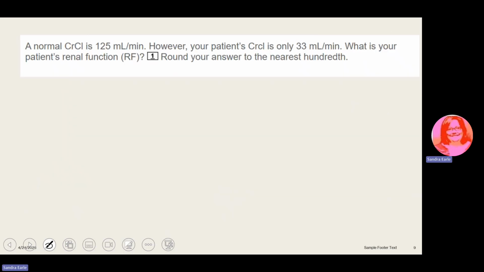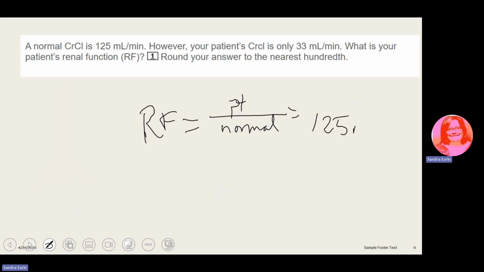A normal creatinine clearance is 125 mils per minute. However, your patient's creatinine clearance is only 33 mils per minute. Well, that's easier. Renal function is just looking at that percentage from the normal and putting it in contrast to your patient's creatinine clearance. So normal is 125 mils per minute, and your patient's is 33 mils per minute.